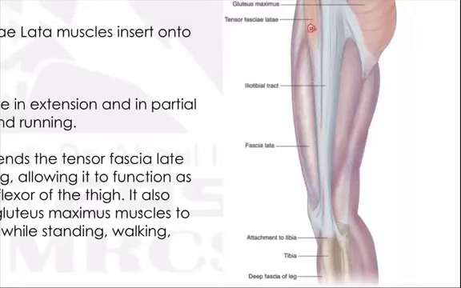The functions of the tensor fascia lata will be more stabilized because it has more attachments down over the iliotibial tract. The functions are almost similar, like stabilizing the knee joint.